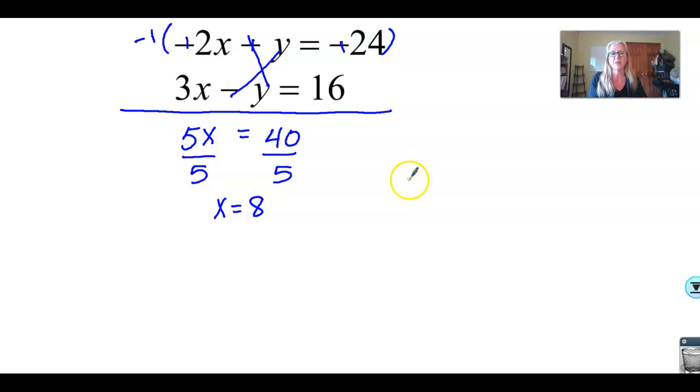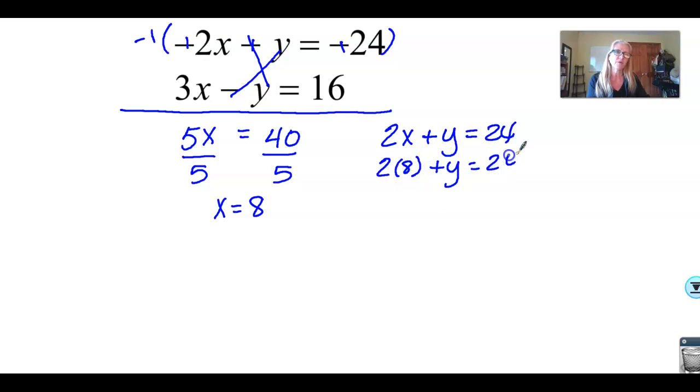Pick one of the equations. Now, maybe you're looking at this one after I multiplied everything by -1, going, there's a lot of positive numbers in there. Could we just use that one? Sure you can. Let's use 2x plus y equals 24. I like that. We know x is 8, so we have 2 times 8 plus y equals 24. That gives me 16 plus y equals 24.